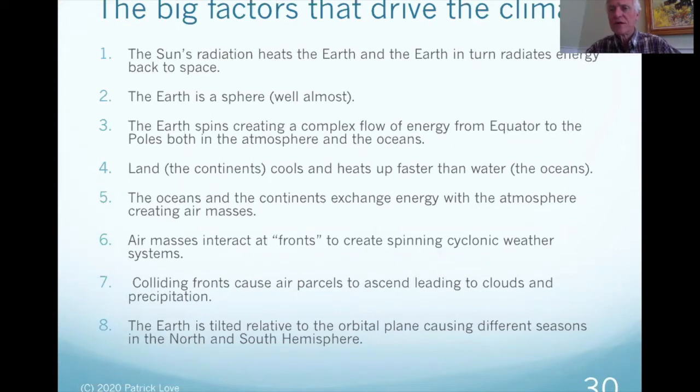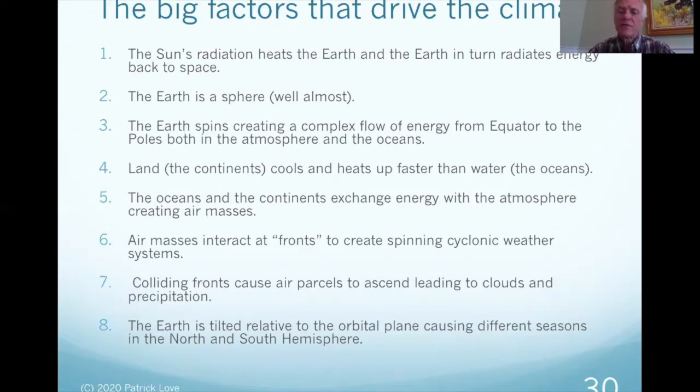We spent the first part of this section talking about radiation balance, and then we talked about the general circulation patterns of the atmosphere and of the oceans, driven by the fact that the Earth is a sphere and that it spins.